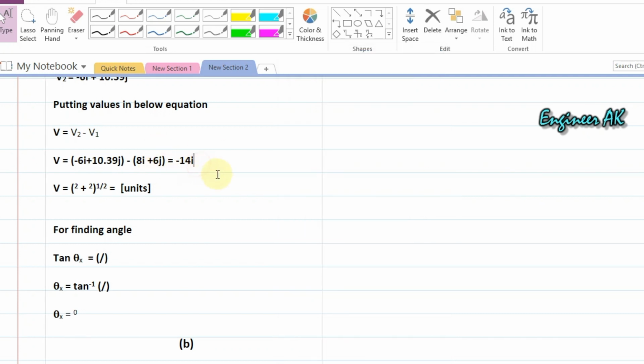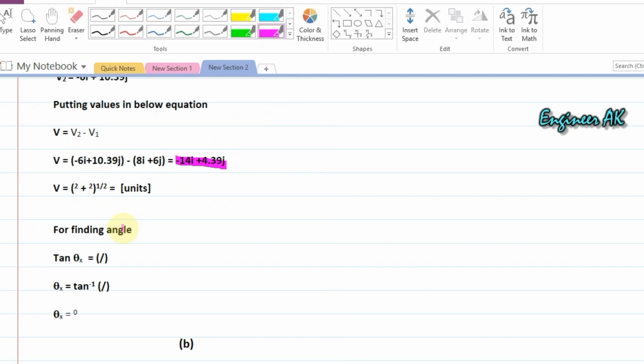So I will write it 4.39j. Now we have these two values, so from this we can easily find the magnitude.